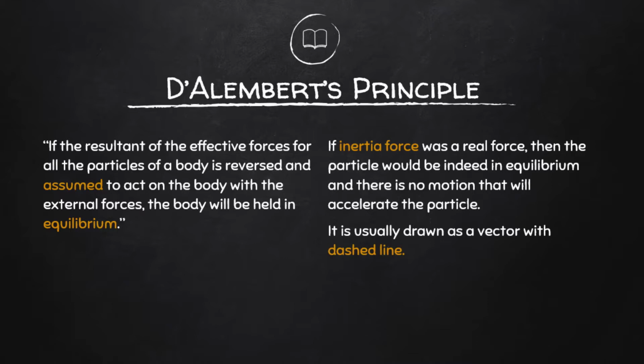Using this idea and D'Alembert's Principle, we arrive at the equation summation of external forces minus mass times acceleration is equal to 0. This equation is very similar to the fundamental equation of kinetics for a particle, which is written as summation of force divided by acceleration is equal to the mass of an object.